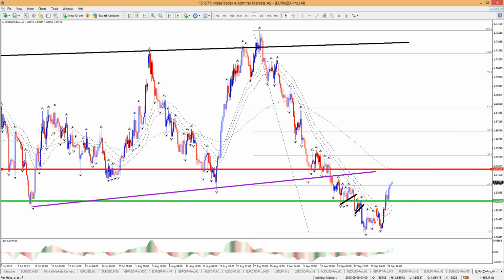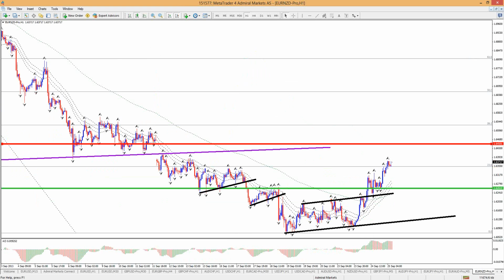All right, let's take a look at that on the lower time frame, for example, 1 hour. And 164.50 would be the target there, right?